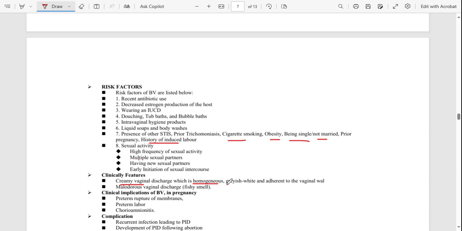We describe the discharge as grayish white. It is adherent to the vaginal wall. Another important feature of BV is a bad, fishy smell, which is more prominent especially after sex.